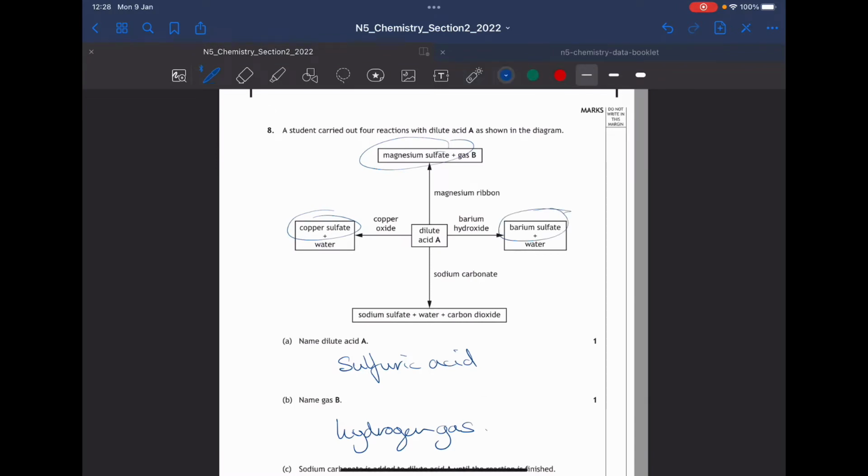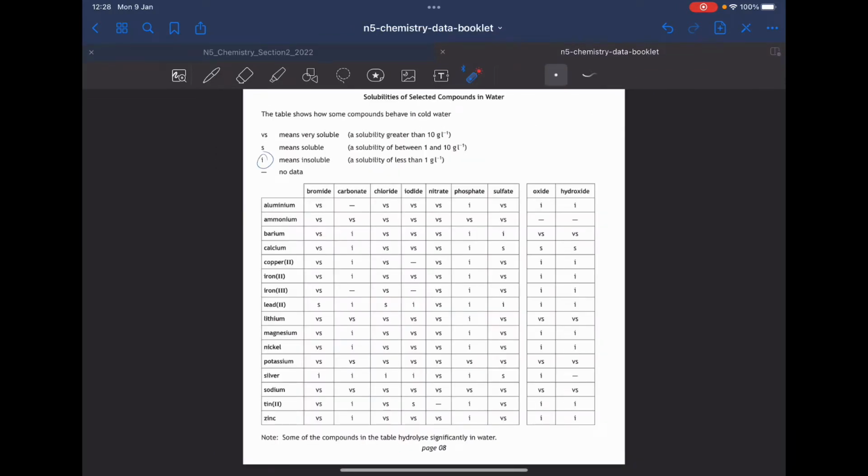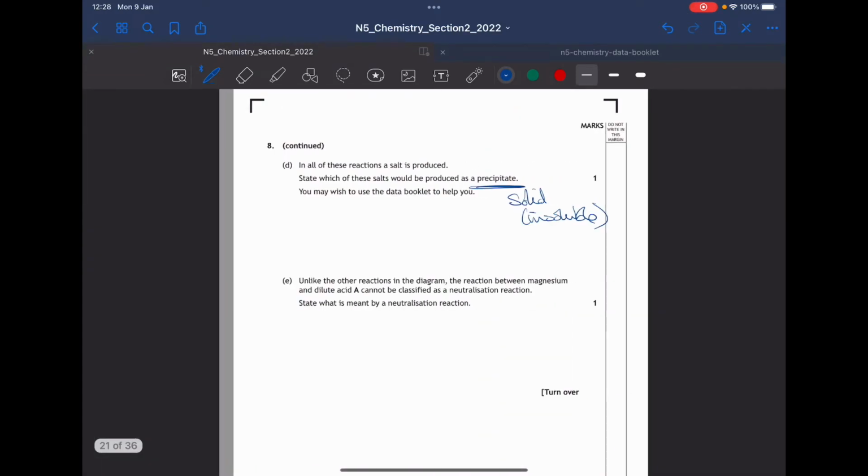Barium sulfate. We go to barium, along to sulfate. That is insoluble, which means that will be our precipitate. So barium sulfate would be produced as the precipitate. As they say, if you're not part of the solution, you're part of the precipitate.